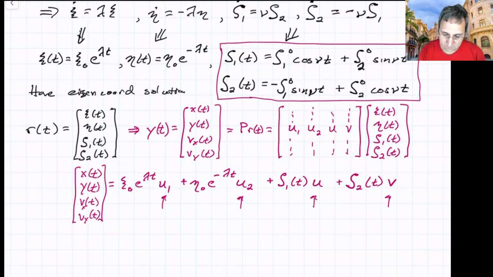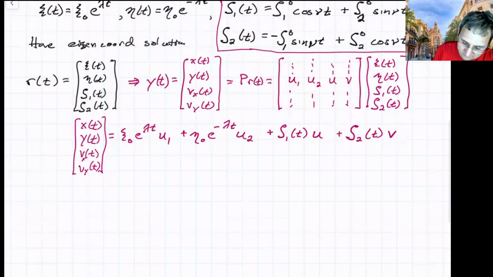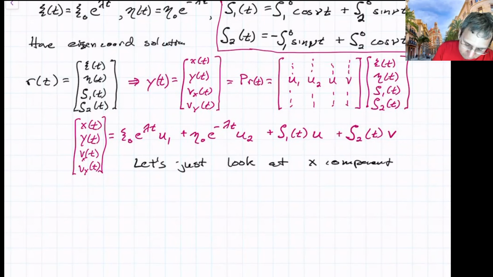That's from last time. And by first entry, I mean the x entry. So if we look at the x coordinate, that's kind of what we care about the most. We can classify things based on what the behavior looks like in just the x direction. So let's just look at the x component.